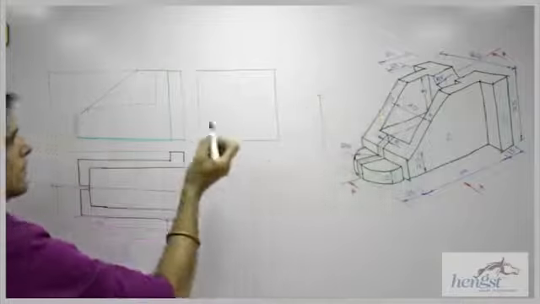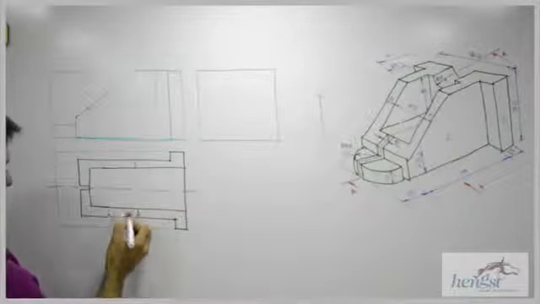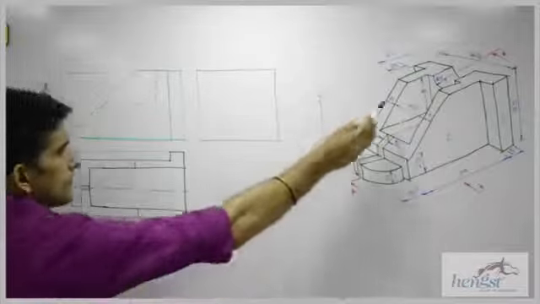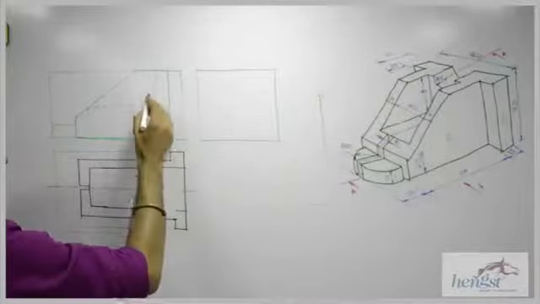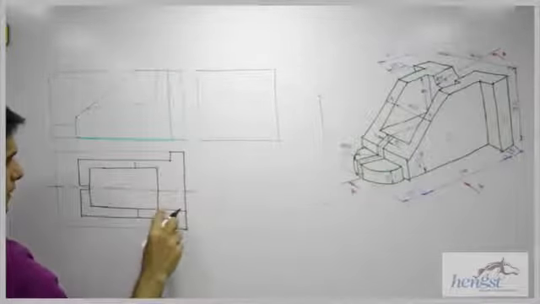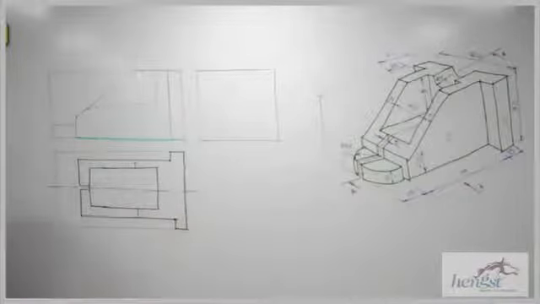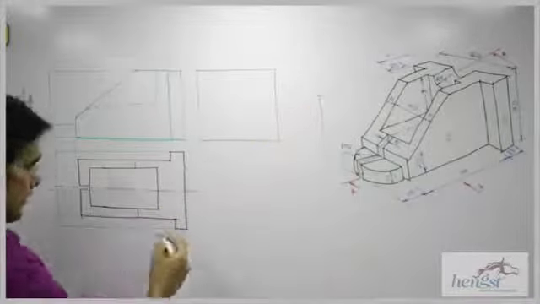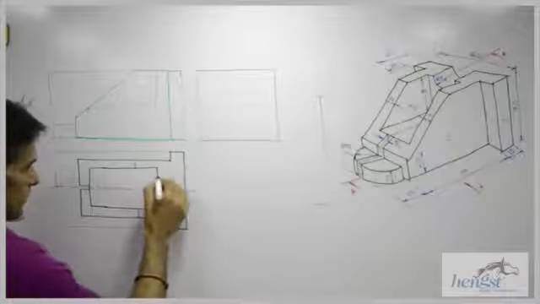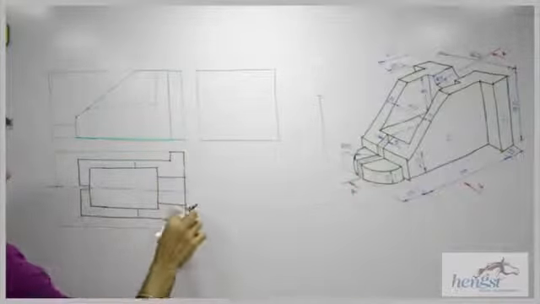See this, so that we can project from here. Then we have this internal part also, so this line won't be there. Then they have given radius 15, so you take 15, 15 on both the sides. So it will be like this. So this is the top view.